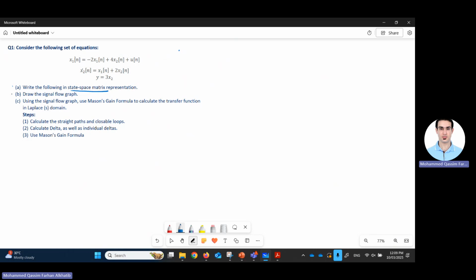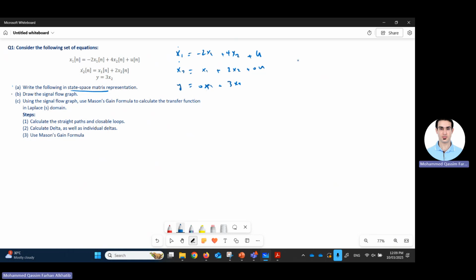Okay, let's write them aligned. X1 prime equal negative 2x1 plus 4x2 plus u, and x2 prime equal x1 plus 2x2 plus 0u, and y equal 3x2 plus 0x1.